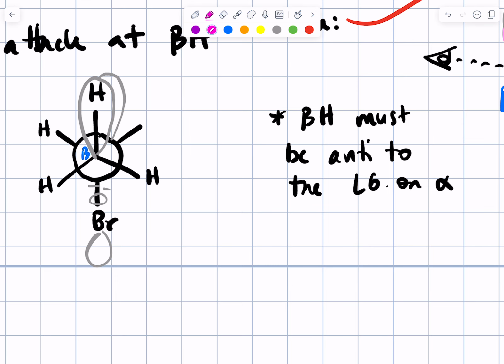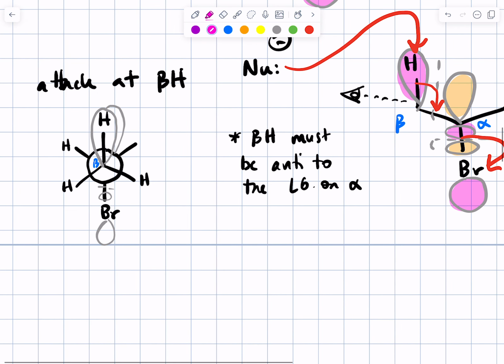So I'm just trying to draw for you the view of the structure to the right in sort of Newman projection format so that you can see that in order for hyperconjugation to occur, the beta proton has to be anti to the leaving group so that it can line up with the sigma star.